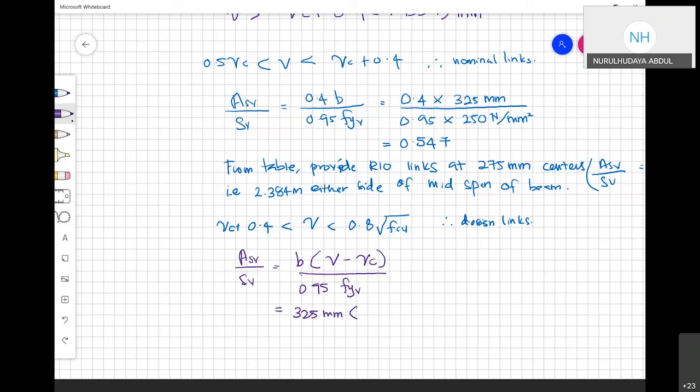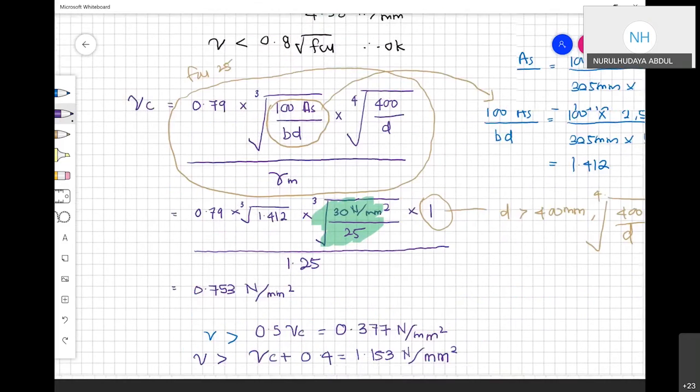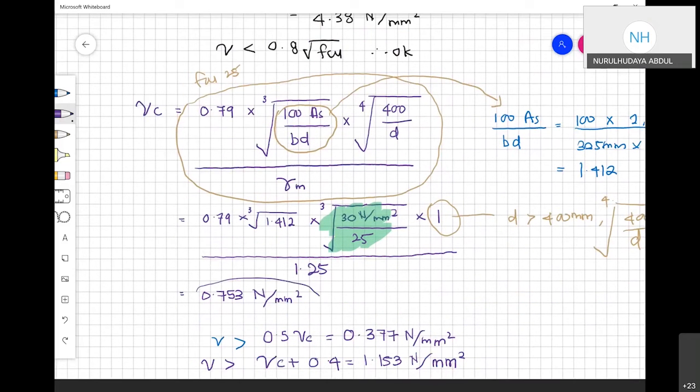We have the value of V which is, berapa tadi, 1.451. Minus with VC. VC is, tak ingat, 0.753 ni. Yes. So VC adalah 0.753.